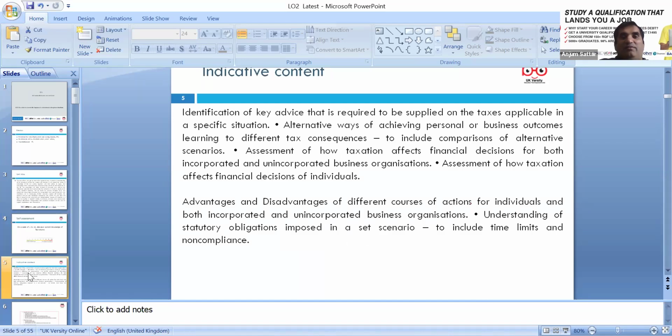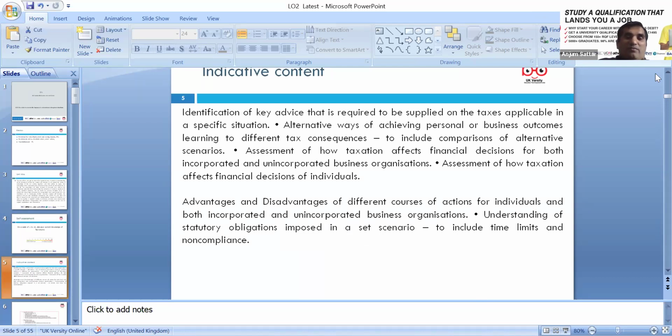Welcome. Today's lesson indicative content will go through identification of the key advice required to apply the tax, applicable in certain situations, and we look at the Finance Act rates as well.